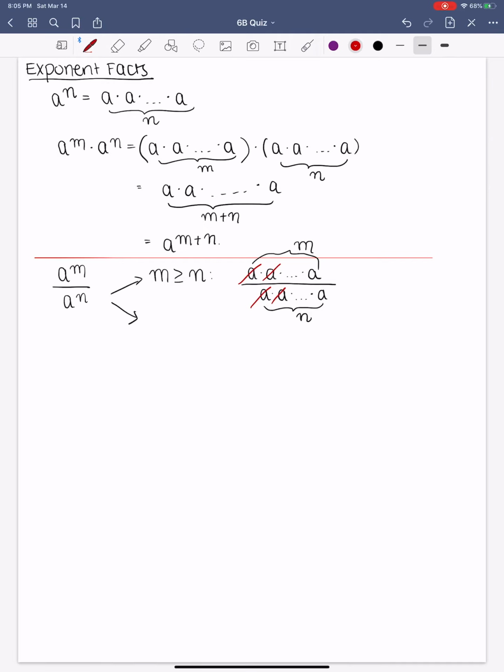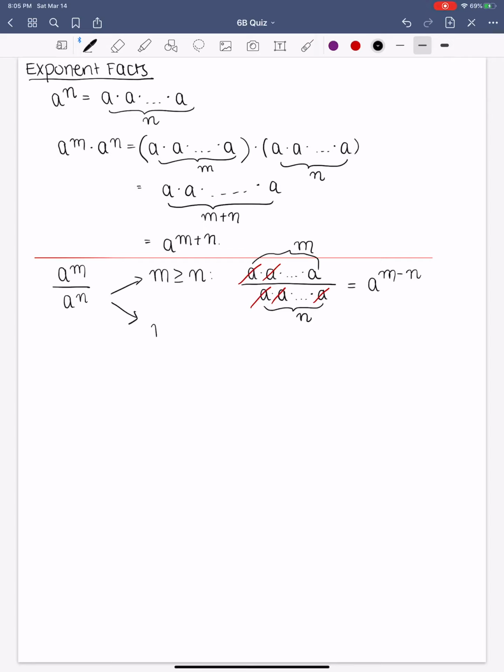Because m is at least the size of n, we're going to be canceling everything in the denominator before we necessarily cancel everything in the numerator. So we're going to have a bunch of a's left over in the numerator. Turns out that there are exactly m minus n a's left over. In the case where m equals n, we get a to the 0 in this term over here. And that checks out because that means we started with a fraction whose numerator and denominator were the same, and that is 1.